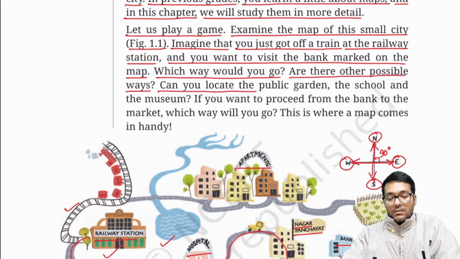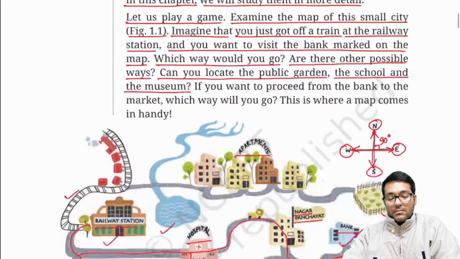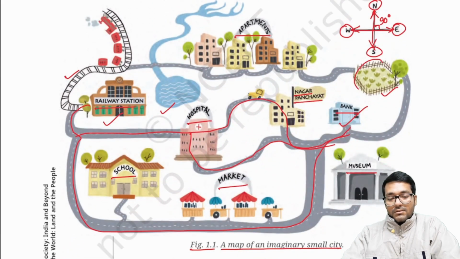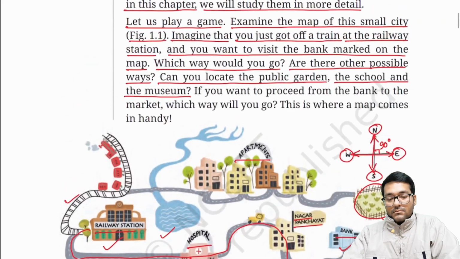Can you locate the public garden, the school, and the museum? You can see the public garden here, museum here, and school here. If you want to proceed from the bank to the market, which way will you go?